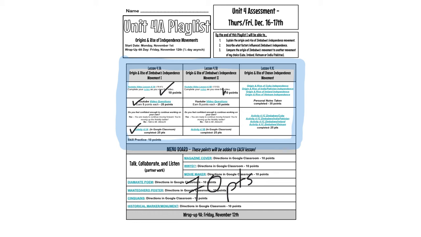And again, you repeat this process. And then, of course, in this example, this particular section gives you 35 points, and this one gives you 25. Now, this particular section that says skill practice 10 points, this is something that you and I will do in very small groups.